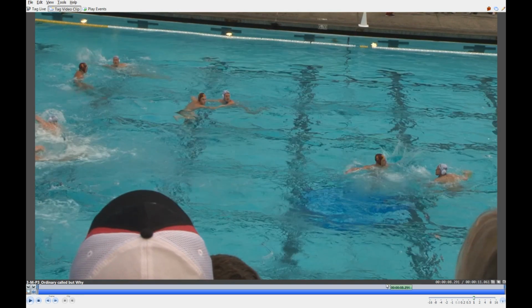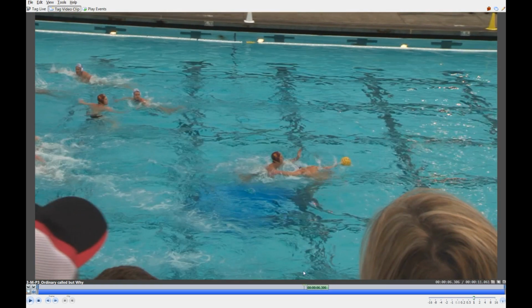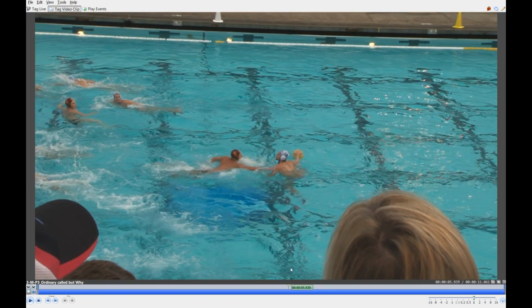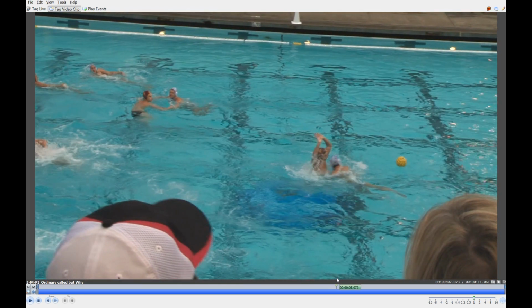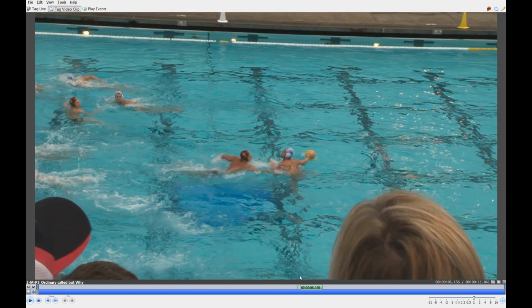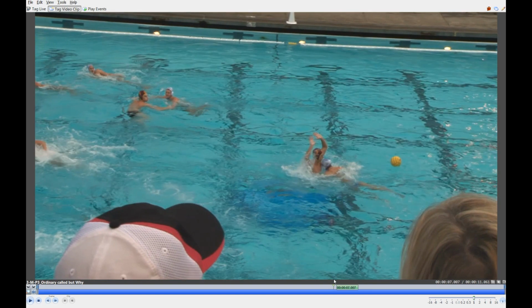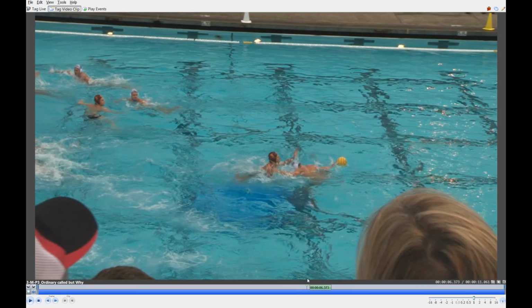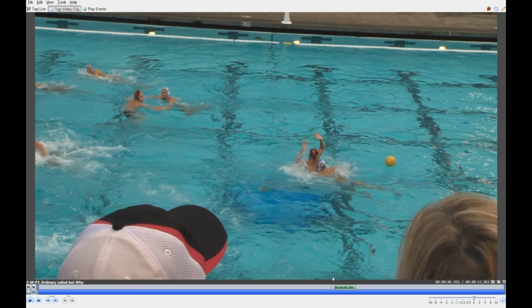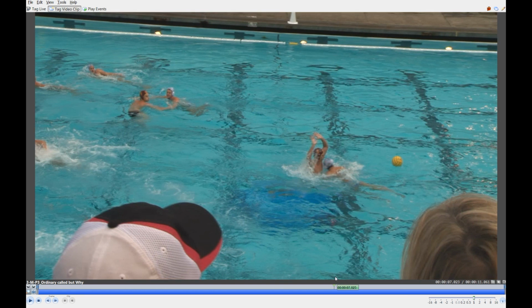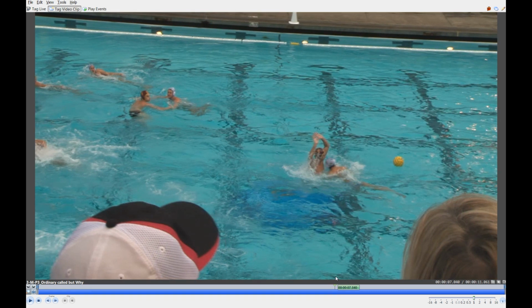So in this situation, you can make a no call, or call an offensive foul. And this is egregious enough to call an offensive foul. If you didn't move in quite so aggressively, you wouldn't have to call anything. If you repeated that move, then you could call a simulation.